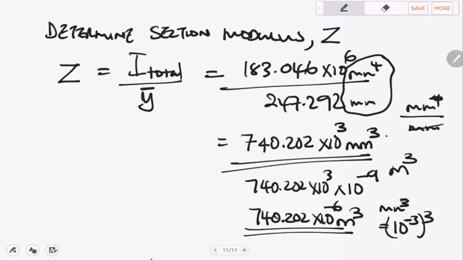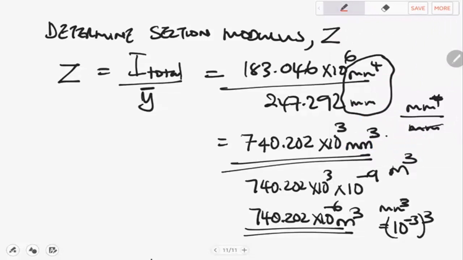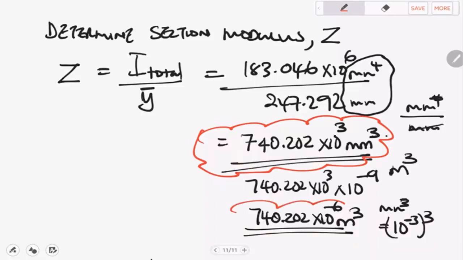So it just depends on how you want to express it. But the section modulus for that thing is this value. That's the value we have obtained for the section modulus. Either you express it this way or this way, it's still the correct value.